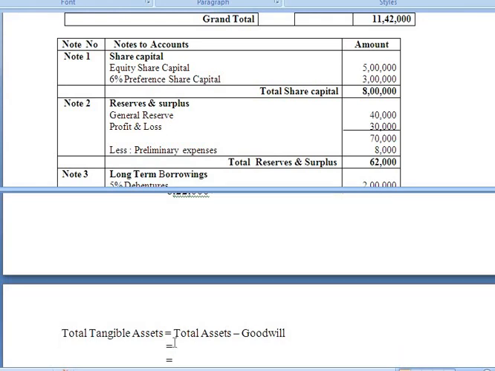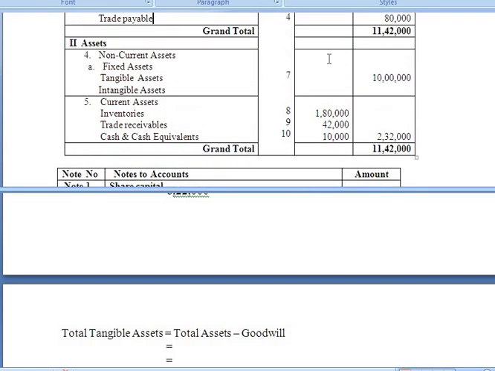Now next we need to calculate total tangible assets. Okay. How can we find out total tangible assets? Total tangible assets is equal to total assets minus goodwill. Okay. What is the amount of total assets? See here, it is 11,42,000.